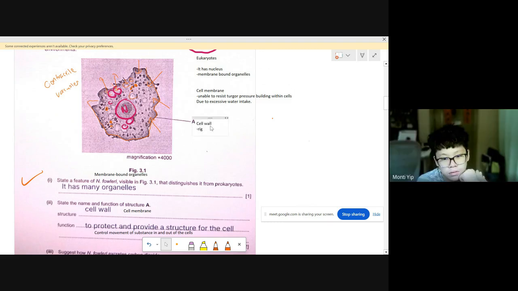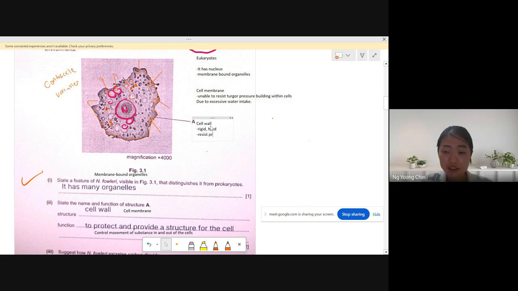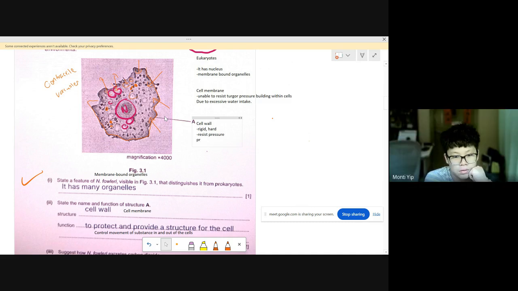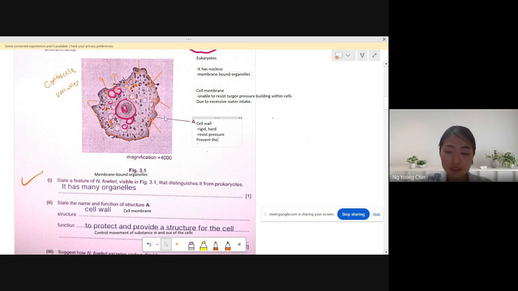Even if too much water enters the cell, it will not burst due to the presence of the cell wall. So one of the functions of the cell wall is to prevent the plant cell from bursting.